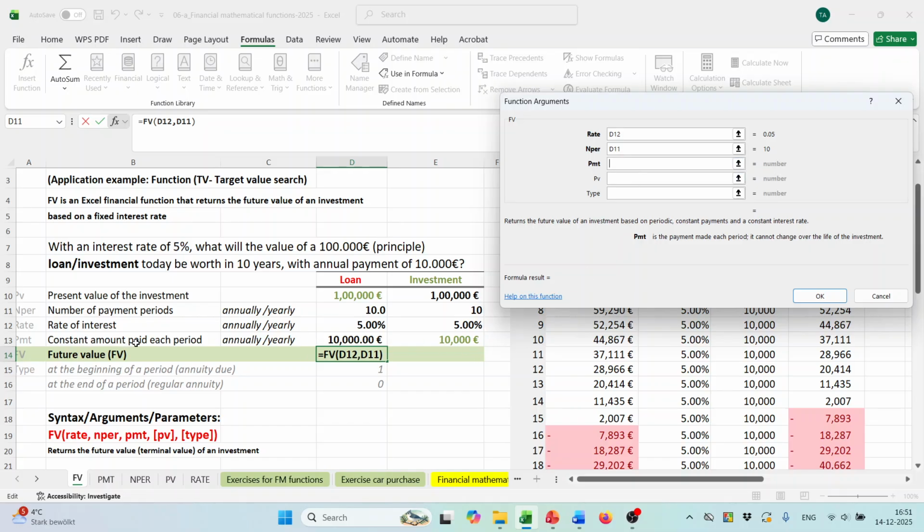So the constant payment paid each period is 10,000, and it should be negated with a negative sign. And present value, so our present value is 100,000. Present value is what the farmer has taken as a loan, so he takes 100,000. So presently he has 100,000. This will be the present value.